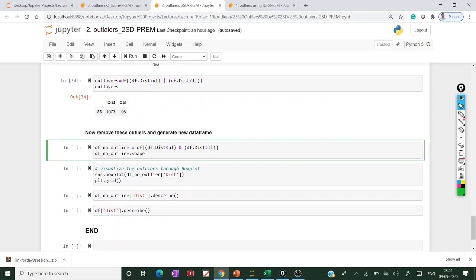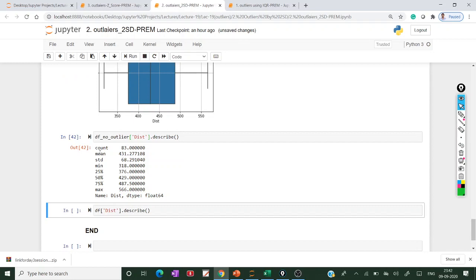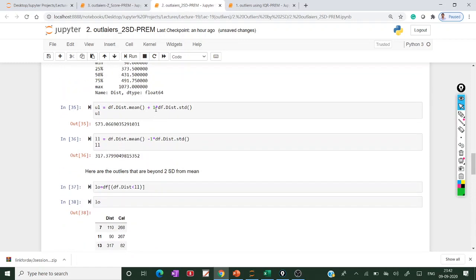So after removing the outliers from the data set, we have 83 rows. Why? Because we are using the second standard deviation.